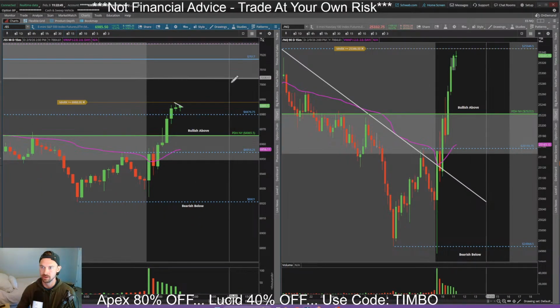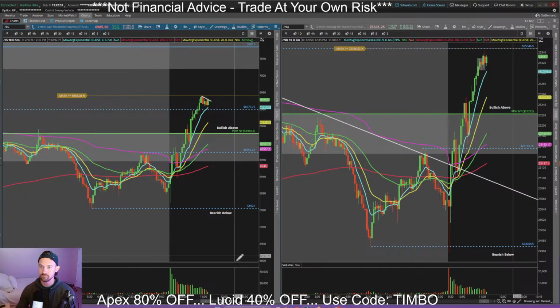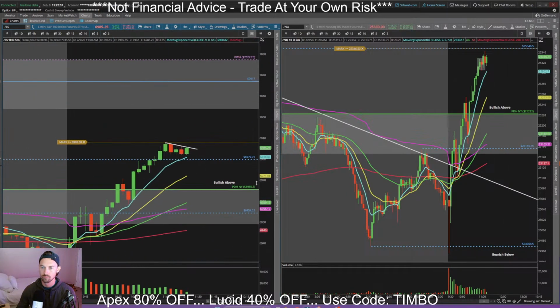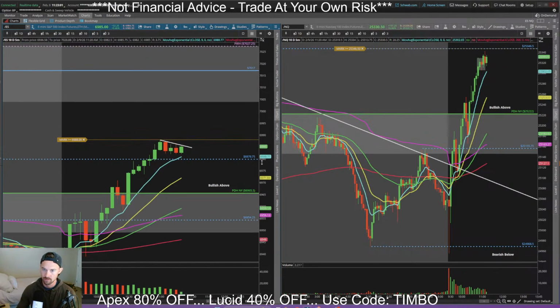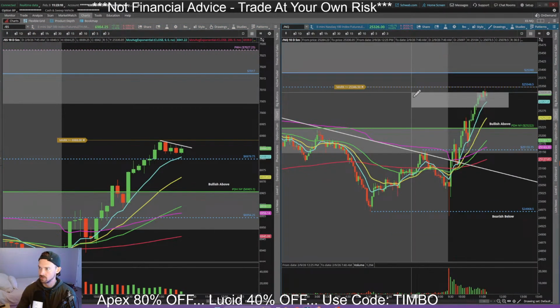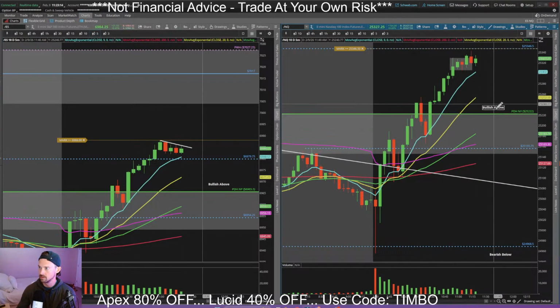Maybe up to this 7,000 number into this resistance supply zone. I don't hate this for a long. Just have to be aware that it's kind of the third pullback, third pause, whatever you want to call it. The chances of it working are not as great as the first or the second pullback.